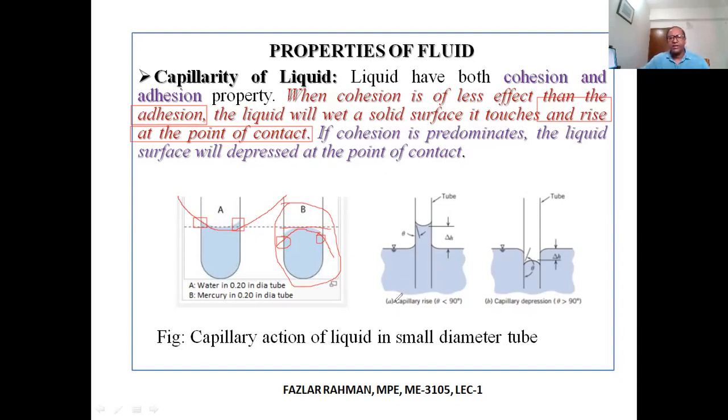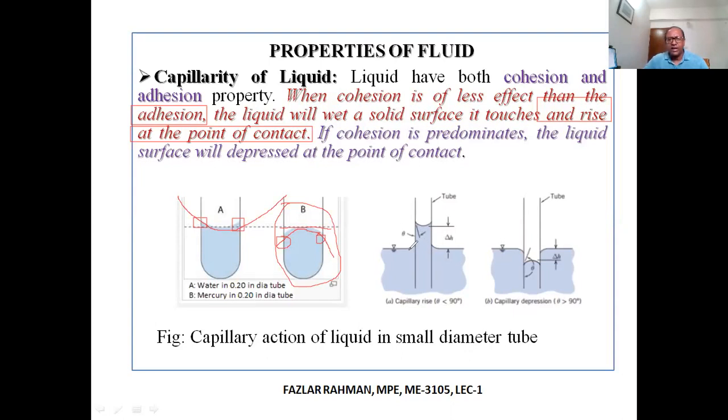Similarly, what about this liquid? It has more adhesive property. So you have a tube, and inside the tube you have a fluid. Then if you put that tube in another reservoir, another tank, you see it has more adhesion property. They like to stick with the wall.